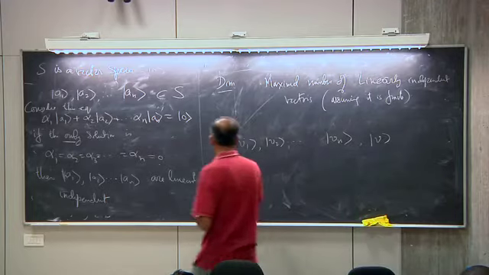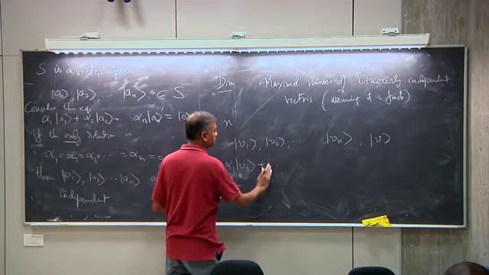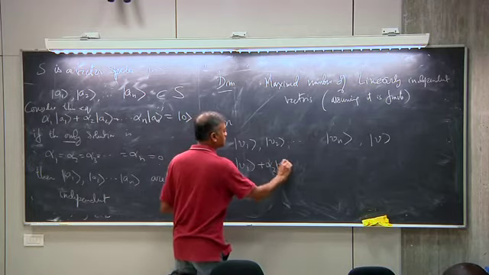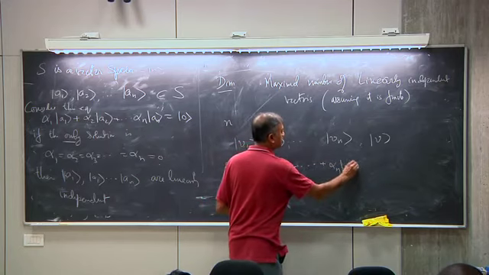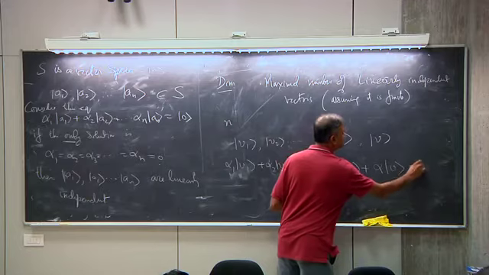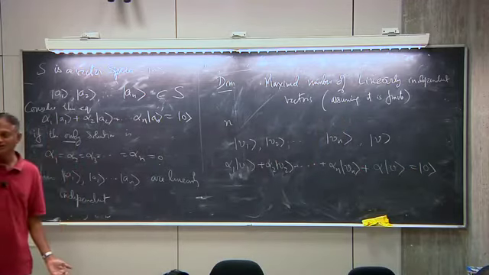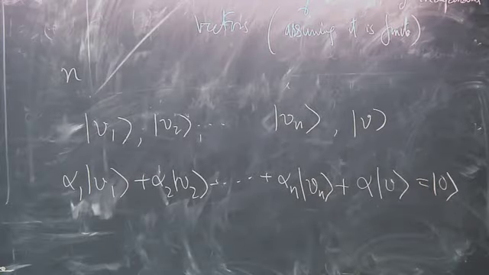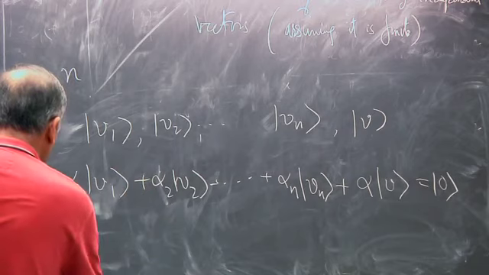Which means that if I consider this equation, alpha 1 v1 plus alpha 2 v2 plus up to alpha n vn plus, let's say, alpha v equal to the 0 vector, then there exists a non-trivial solution, because they are not linearly independent.